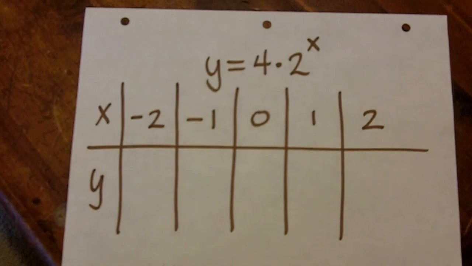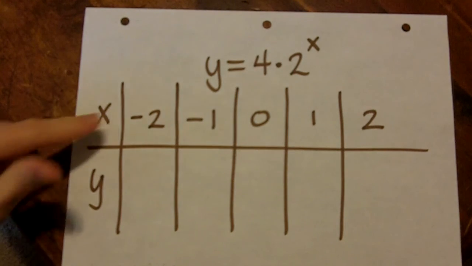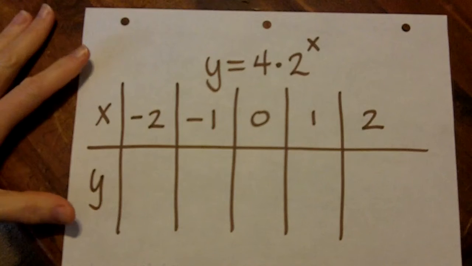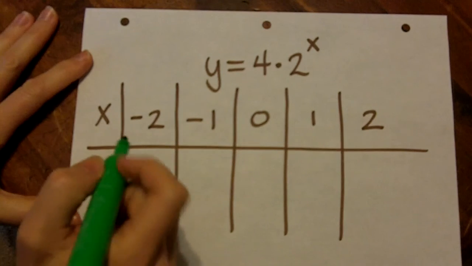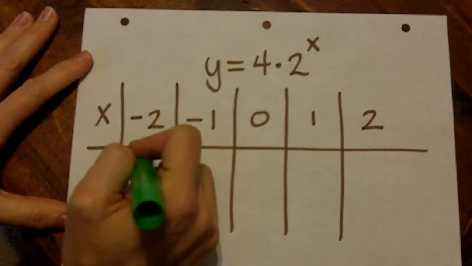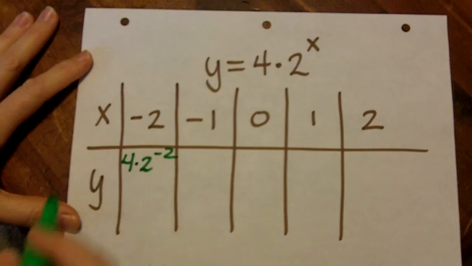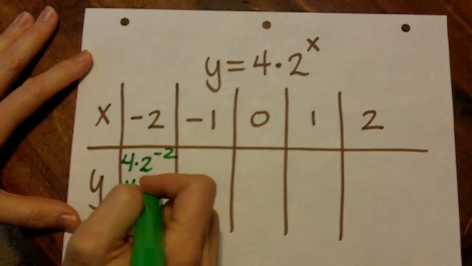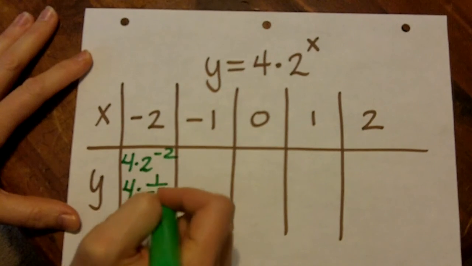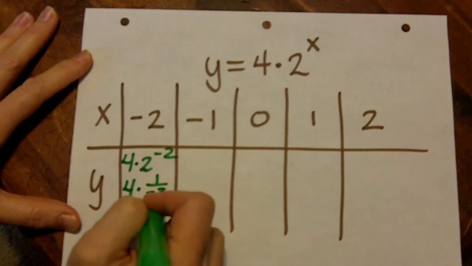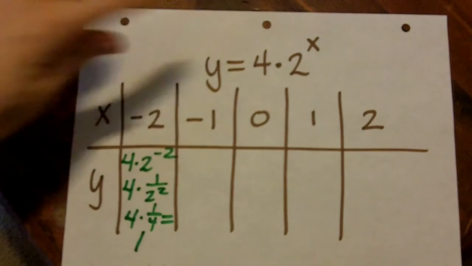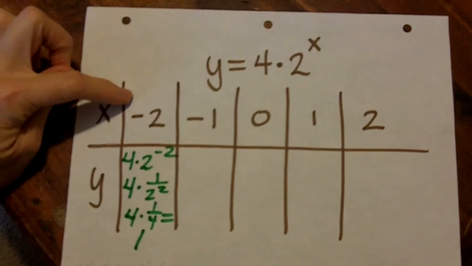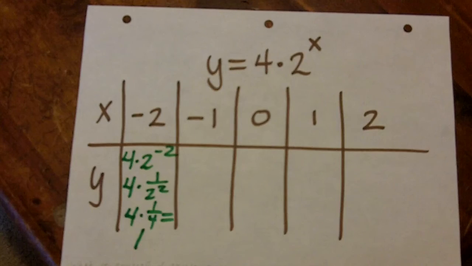If x was negative 2, then we would have to apply our laws and rules of exponents. So we would really be thinking 4 times 2 to the negative 2, or 4 times 1 over 2 squared, or 4 times 1 over 4, which equals 1. So in this formula, when x is negative 2, y actually equals 1.